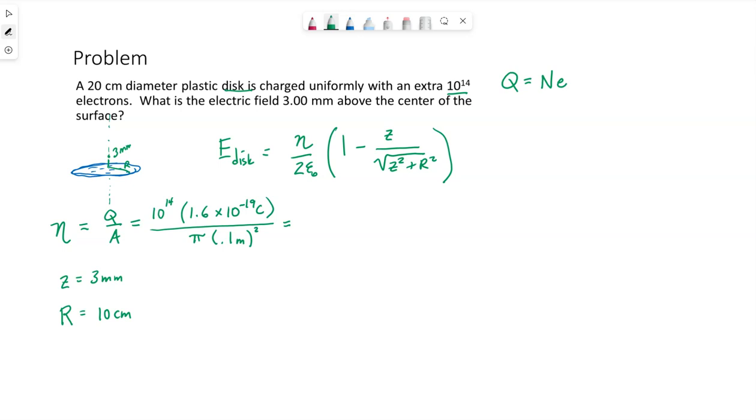So our surface charge density, if I go ahead and plug these numbers in, our surface charge density is 5.093 times 10 to the negative 4 coulombs per meter squared.